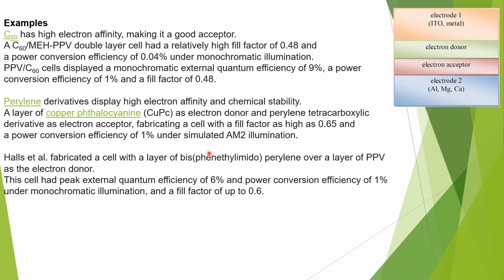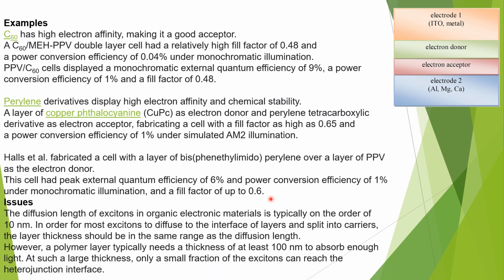Then Halls and others used a layer of bis-phenylimidoperylene over a layer of PPV as the electron donor. So PPV is the electron acceptor and this one is the electron donor, with this much complicated name. This cell has a peak external quantum efficiency of 6%, a power conversion efficiency of 1% and a fill factor of 0.6.